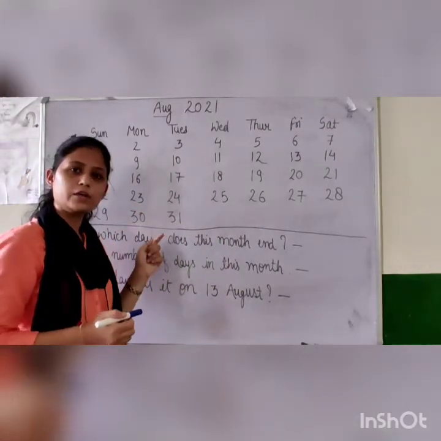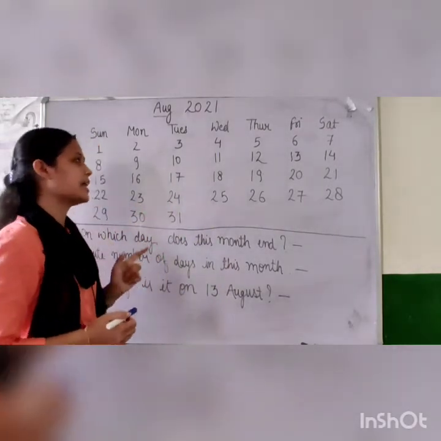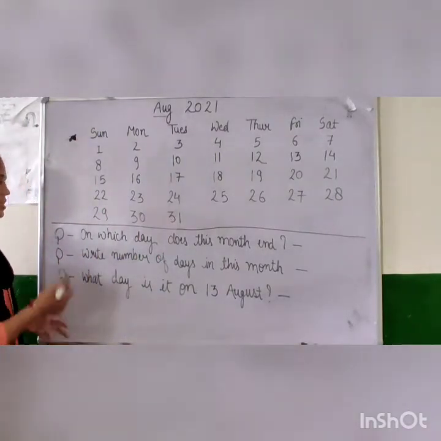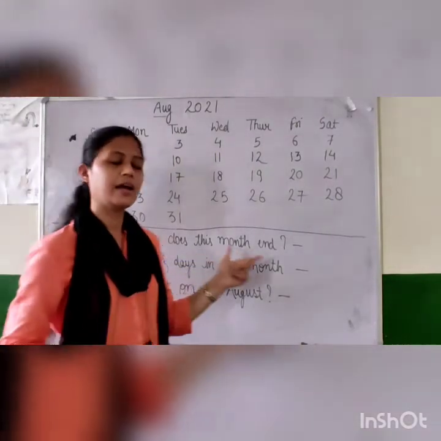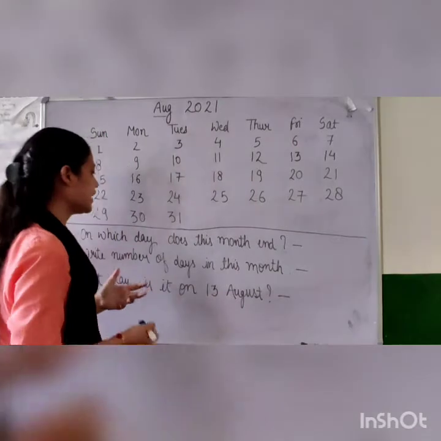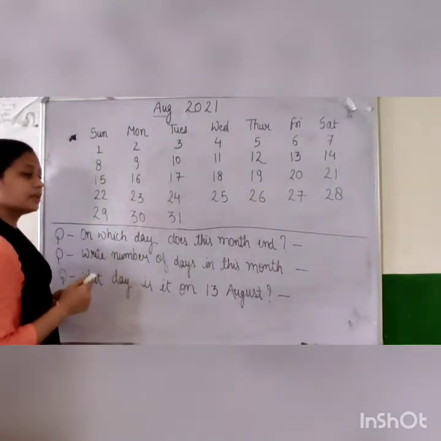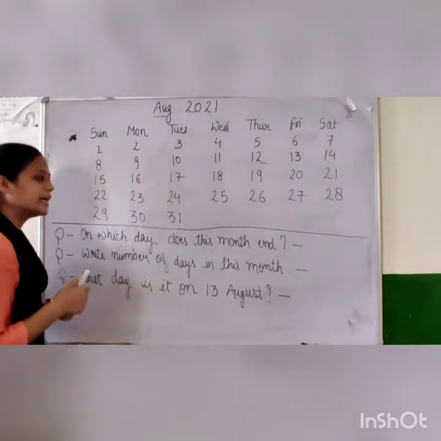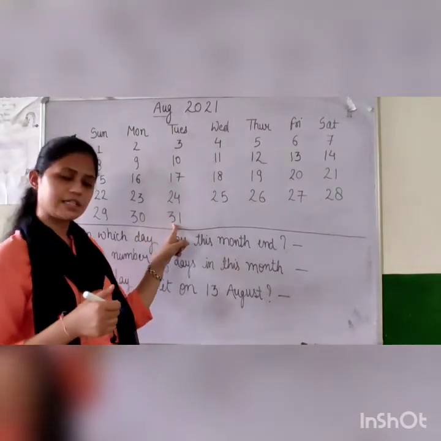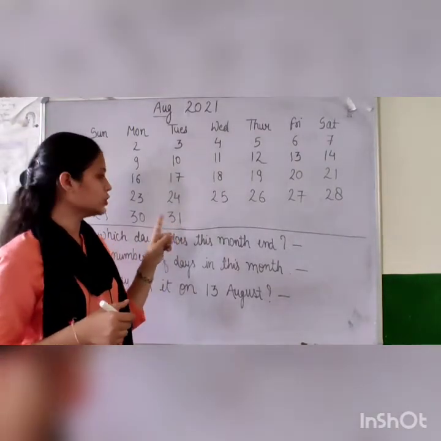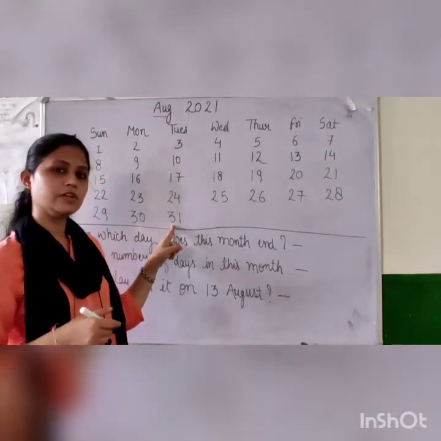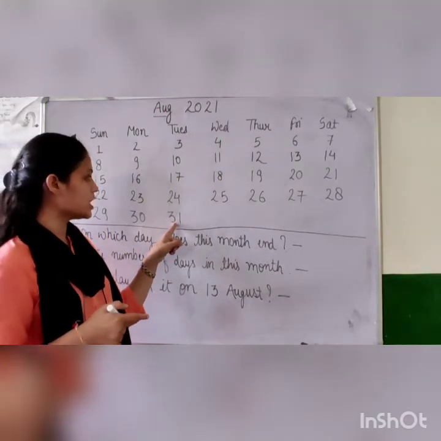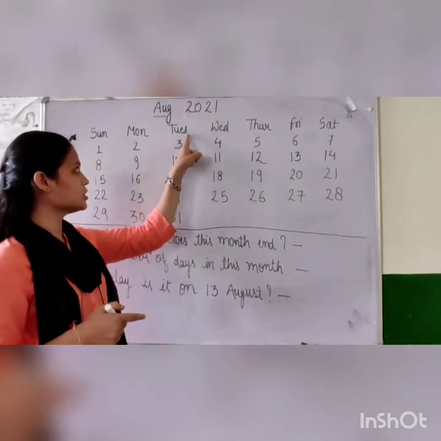2021, and we will do questions based on this calendar. So the question is, on which day does this month end? We know the last date of this month is 31. On 31 it is which day? As you can see, this is Tuesday.